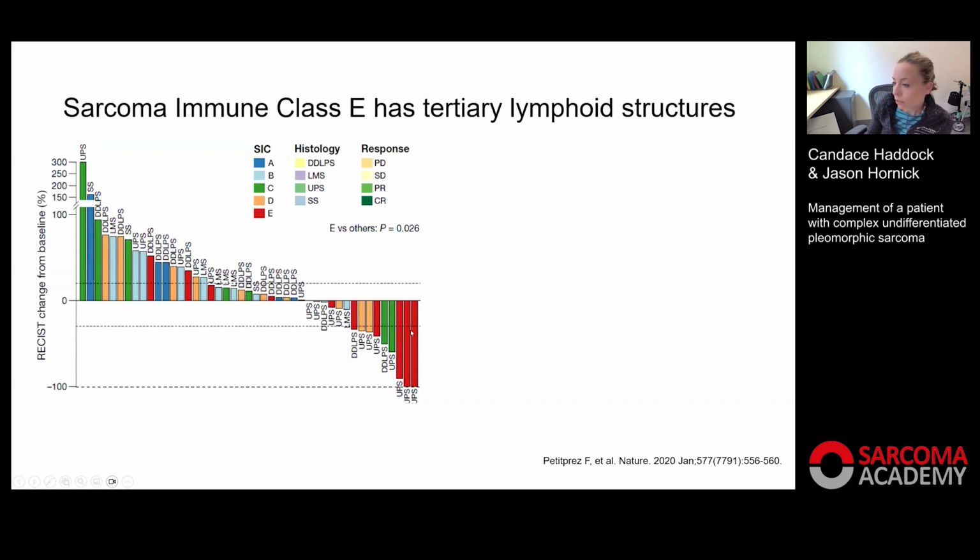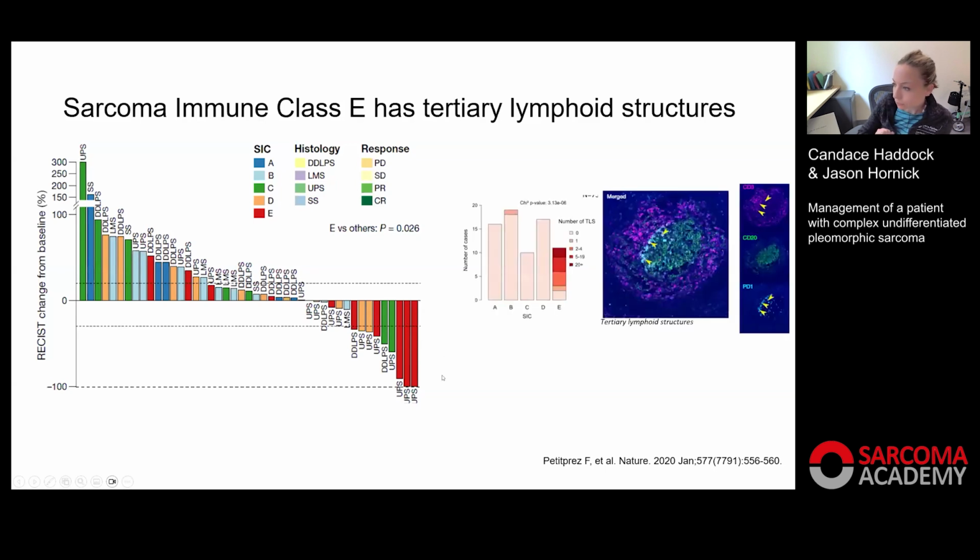Some of the best responders did have sarcoma immune class E. And looking histologically, tertiary lymphoid structures were identified in the sarcoma immune class E cases. And as you see, these are CD20 positive lymphocytes with PD-1 expressing lymphocytes and T cells surrounding.